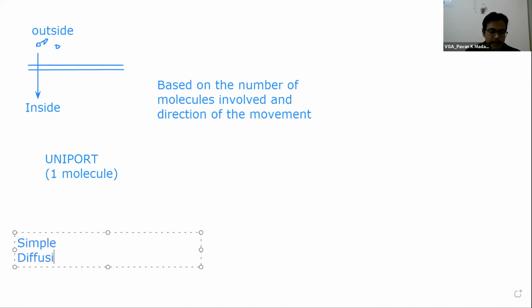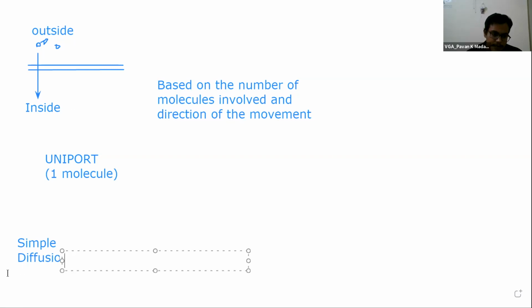So based on the number of molecules, first we are talking about one molecule. When the molecule moves from higher concentration to lower concentration, what do we call it? Simple diffusion.